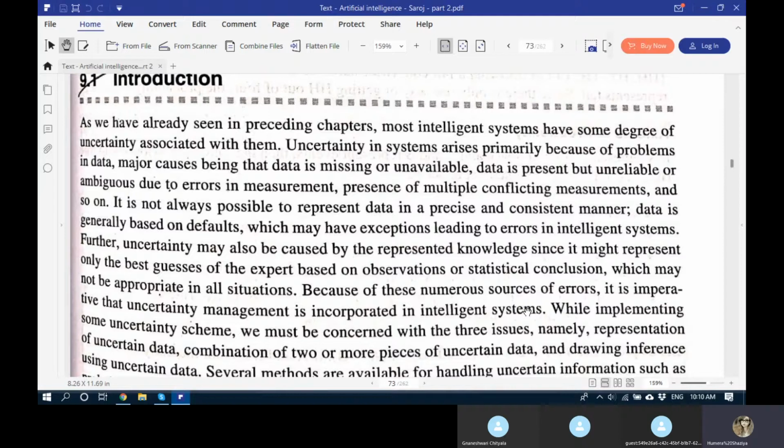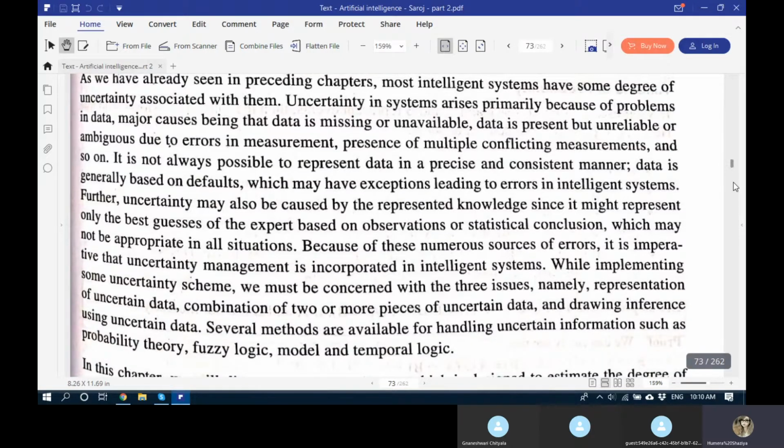To do that, probability theory is very useful because it is one of the methods available for handling uncertain information. The other methods are fuzzy logic and temporal logic.